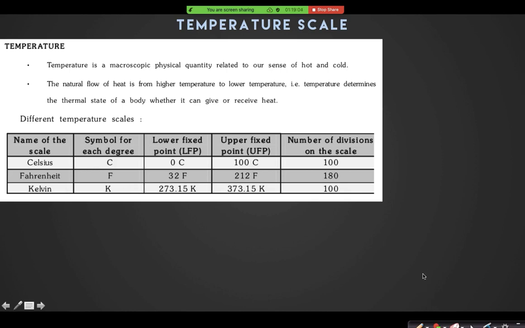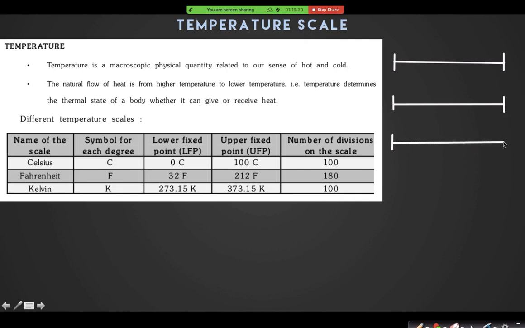All these temperature scales follow a very basic rule: they will measure the freezing point and boiling point of water, right? And in between them they will equally graduate their scale.